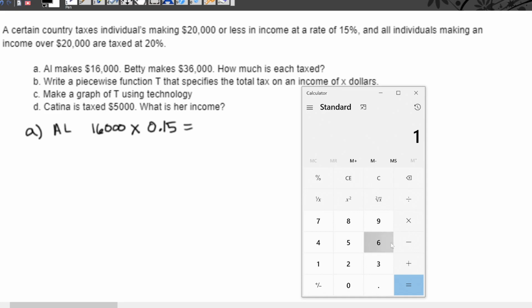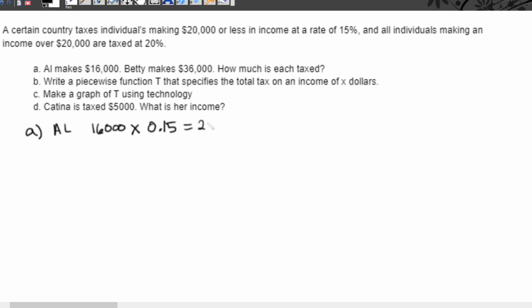And we're going to get that he will be taxed $2,400. Okay, so Al's going to have to pay $2,400 in taxes.